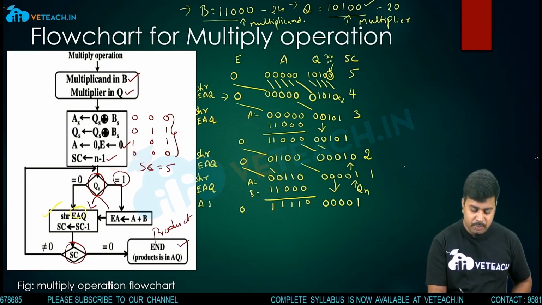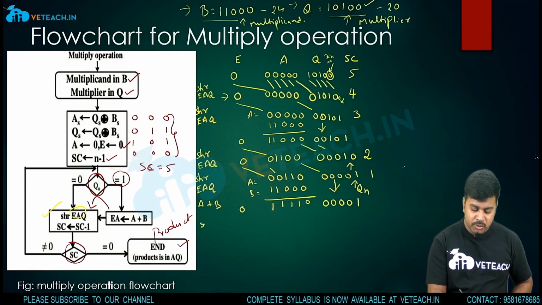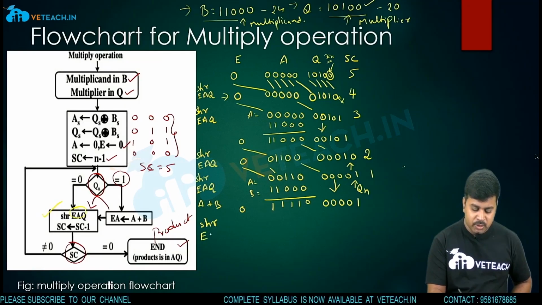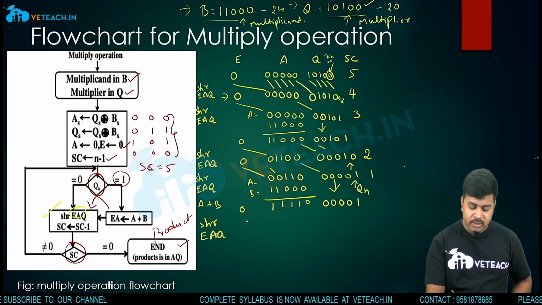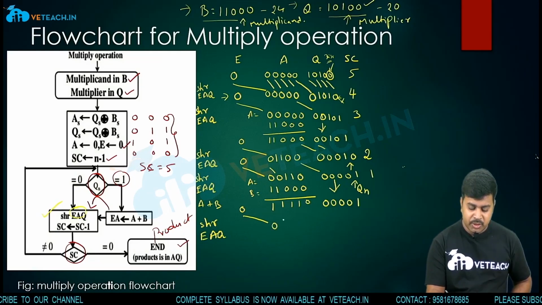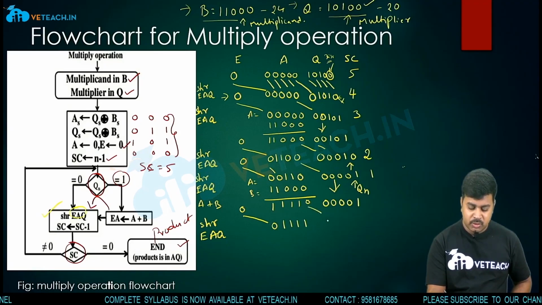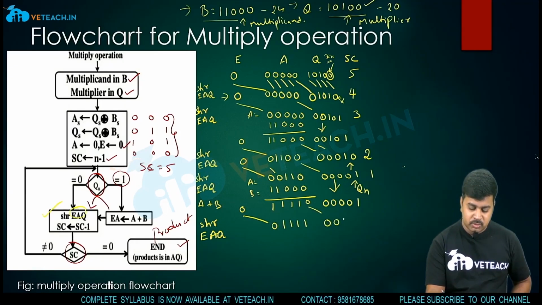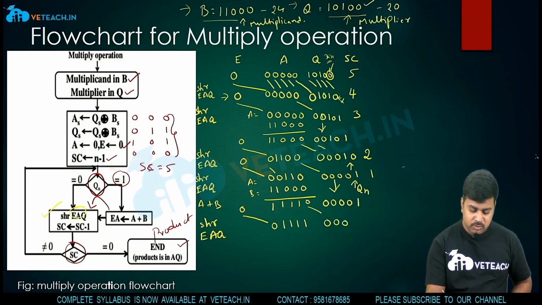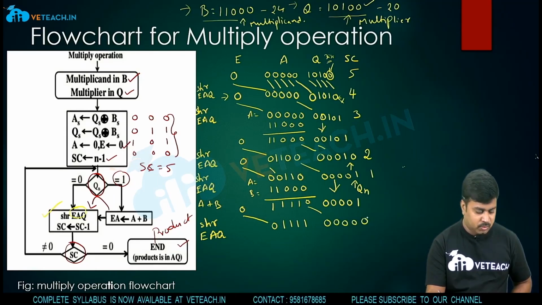After adding A plus B, now you are going to do shift right of EAQ, that is this 0 will go here and it will be written like this, 0 1 1 1 1, and this 0 will go here, 0 0 0 0.